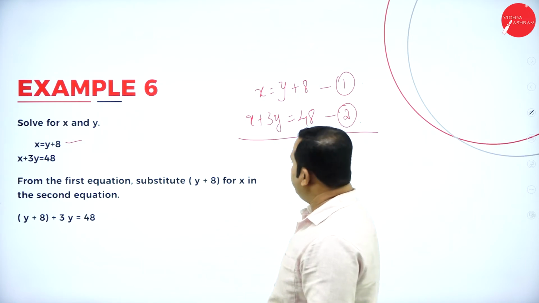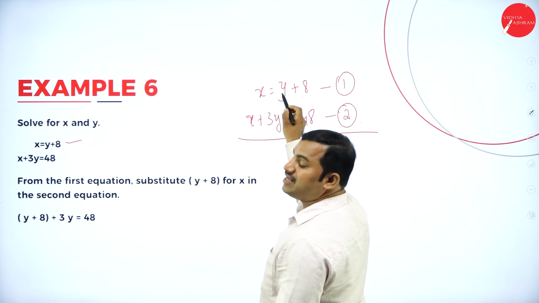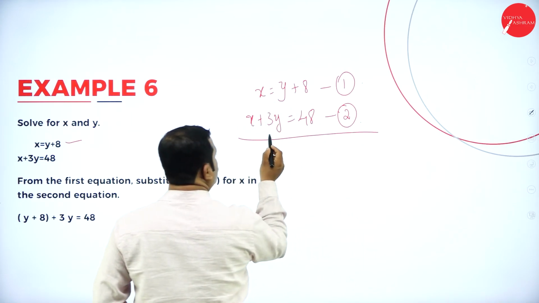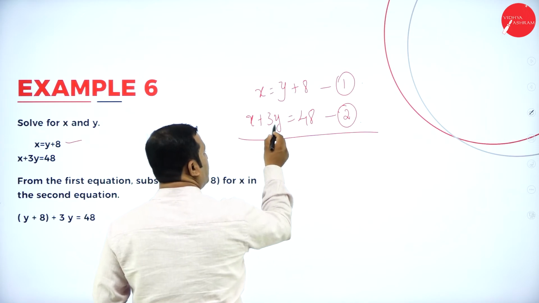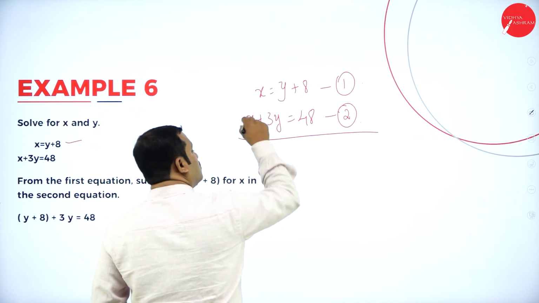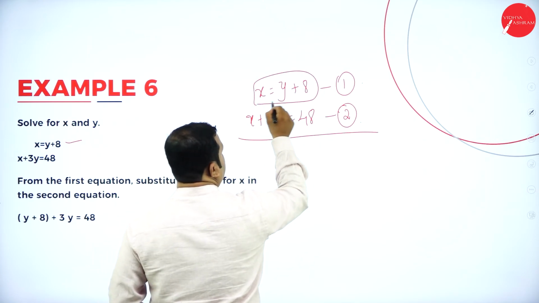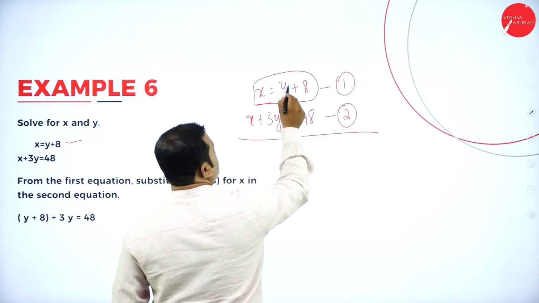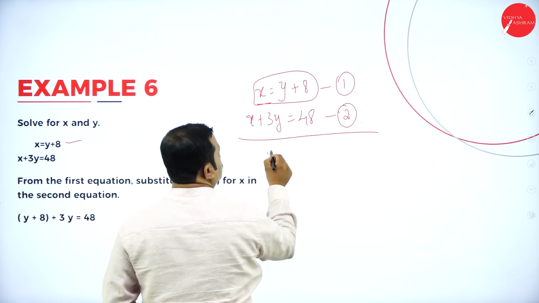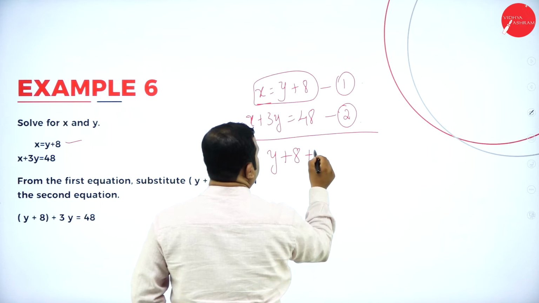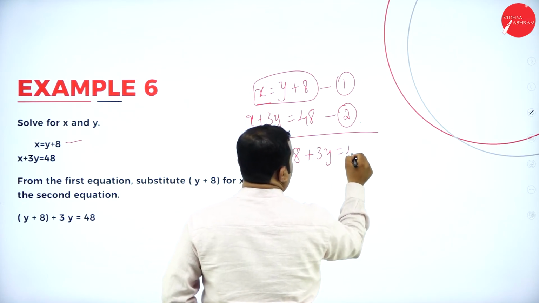Let me substitute the value of x equal to y plus 8 into this equation, so that everything will be in terms of y, that is y plus 8 plus 3y is equal to 48.